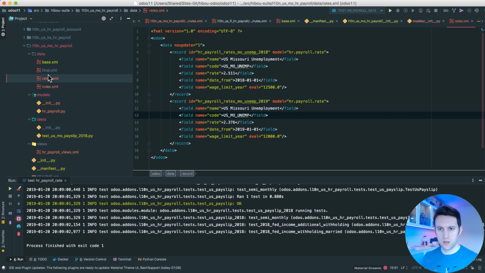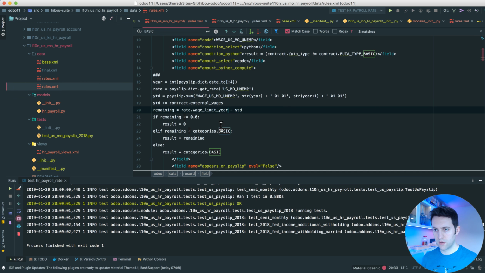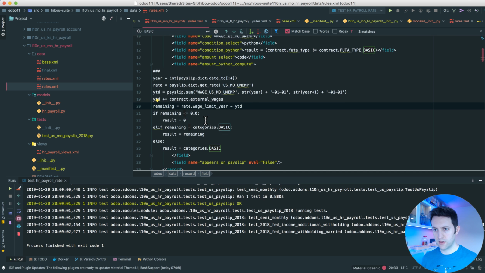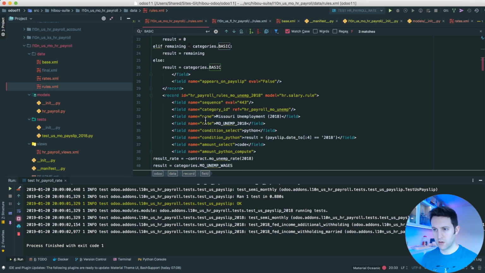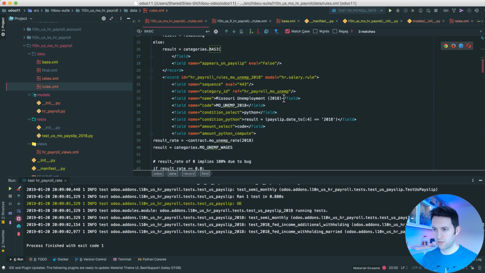All right, so that's easy enough. So now we've got rate dot wage limit year. We already put the rate itself into it, so now we will come on down to this one and just keep refactoring.